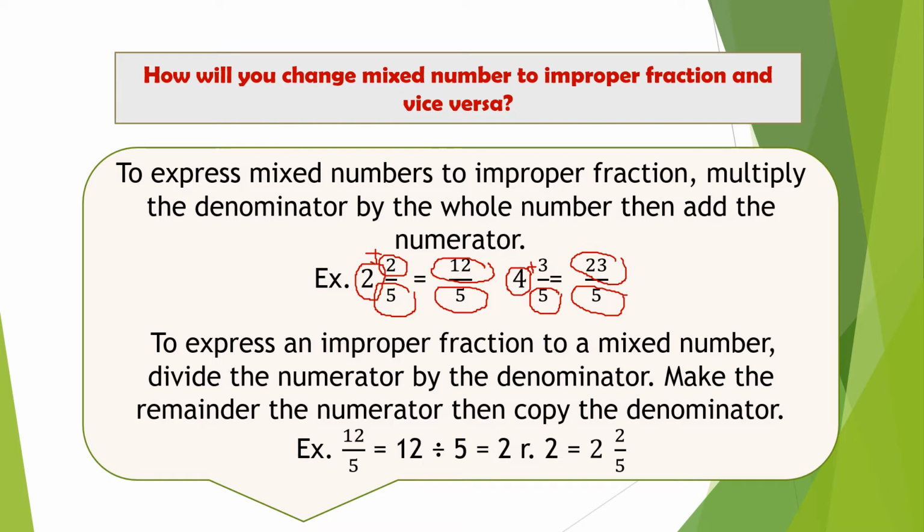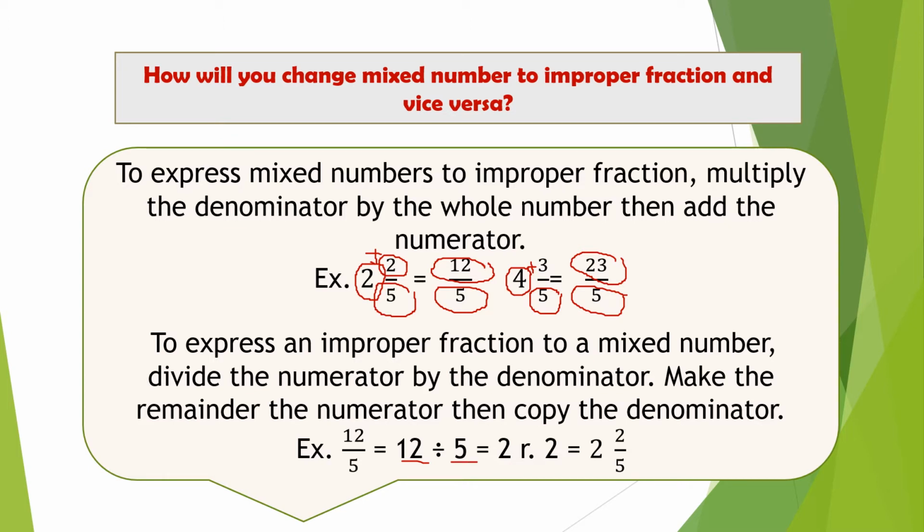To express an improper fraction as a mixed number, divide the numerator by the denominator. Make the remainder the numerator, then copy the denominator. For example, 12/5. That is equal to 12 divided by 5.